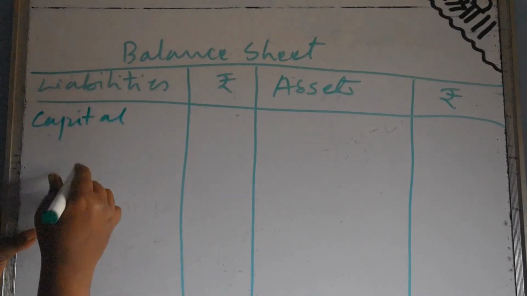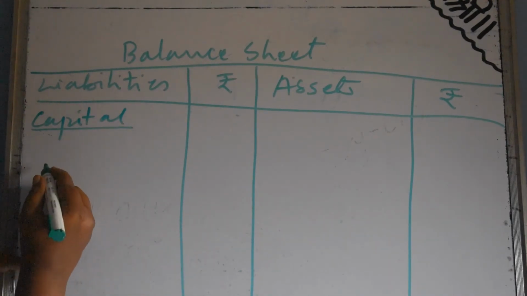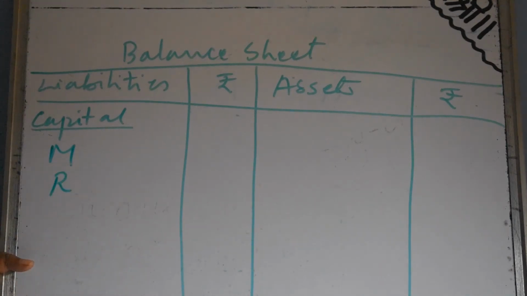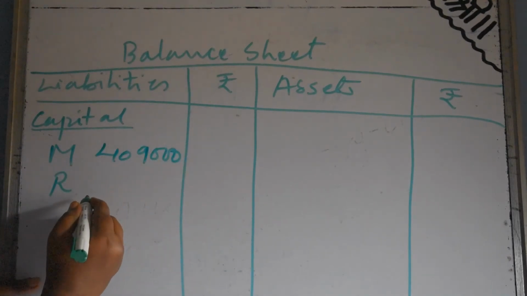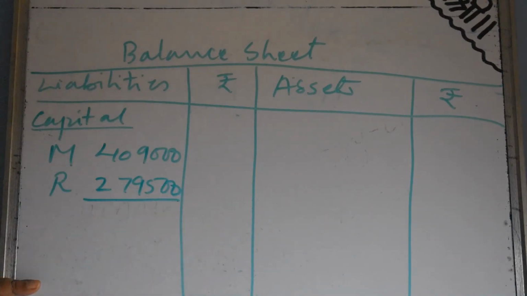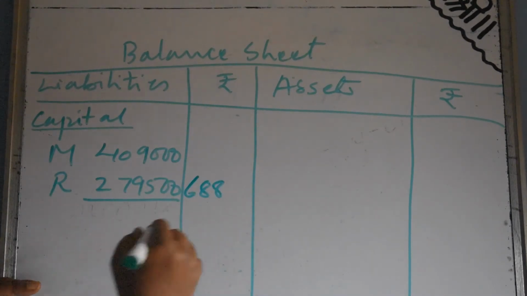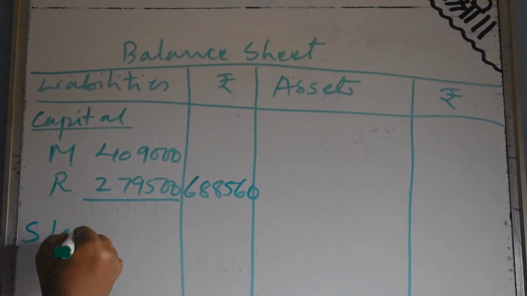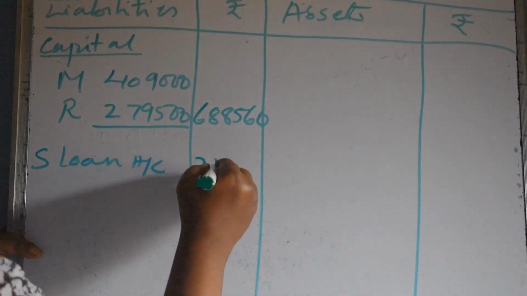And while writing the capital you have to write the capital which is there in your partners' capital account as balance carried down. So M and R are continuing partners, and their balances are 4,09,000 and 2,79,500. Okay. So the total comes to 6,88,500. And the loan of partner S we have to show separately: S loan account, it is 2,11,000.